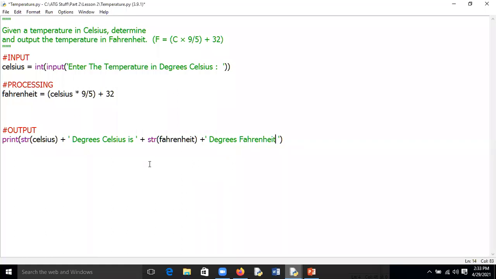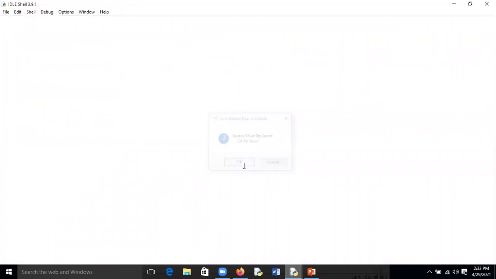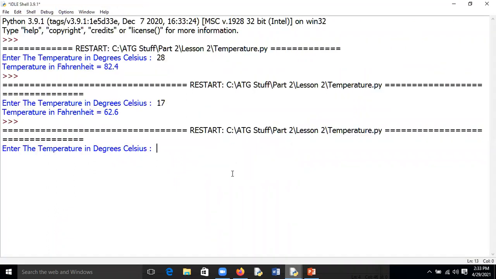Right, let's see how that works. Okay, so I'm going to enter 16. Check it out. 16 degrees Celsius is 60.8 degrees Fahrenheit.